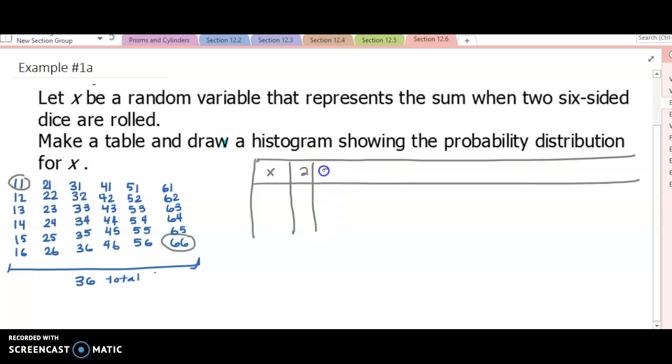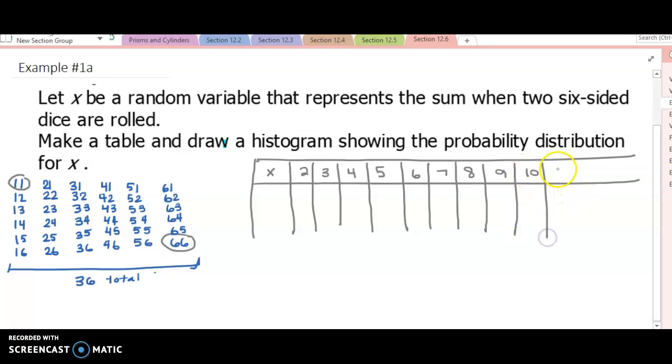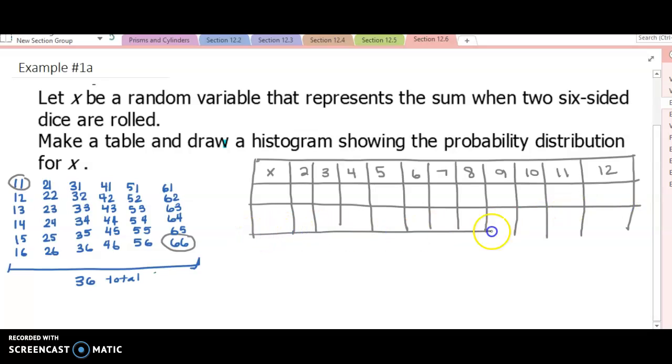So there's 2, 3, 4, 5, 6, 7, 8, 9, 10, 11, and 12. Okay, so here's the start of my chart.